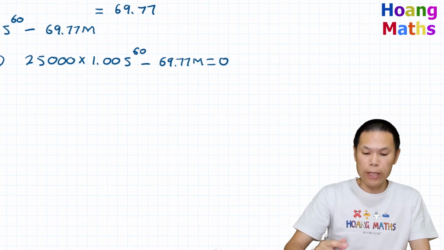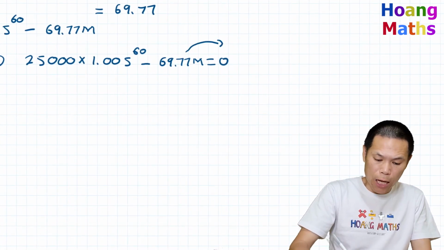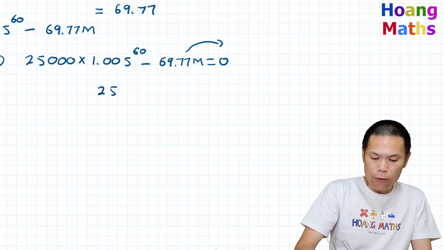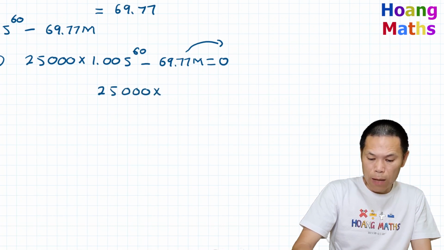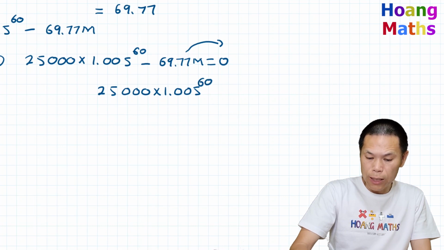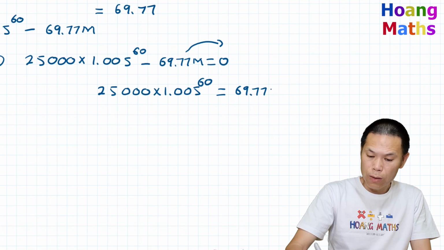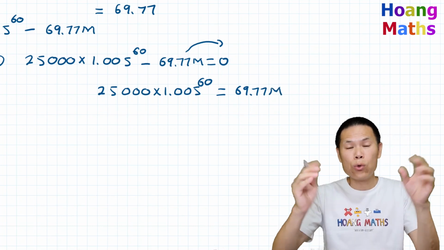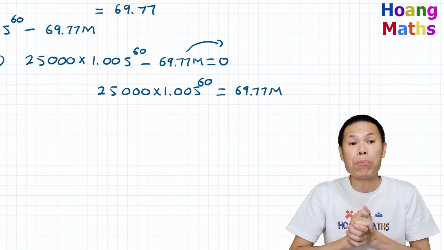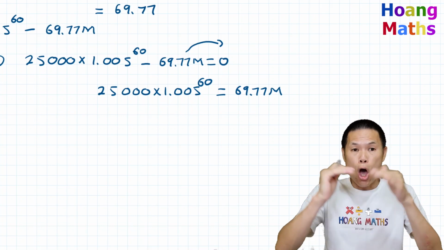So what I do now is I just move this on that side. So 25,000 times 1.005 power of 60 is 69.77 M. So I just divide by 69.77 on both sides.